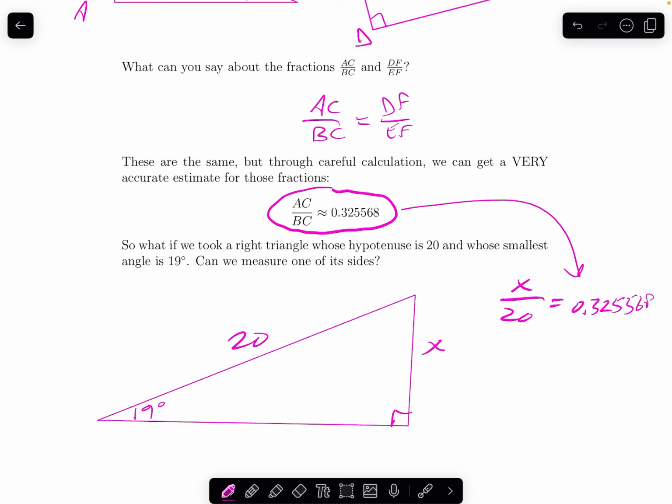And I could multiply both sides by 20, and x would be approximately 6.5. I don't have my calculator handy, but I'll do other problems with a calculator in a second. But the point is, we can figure out how long this side is because we know what the ratio is.